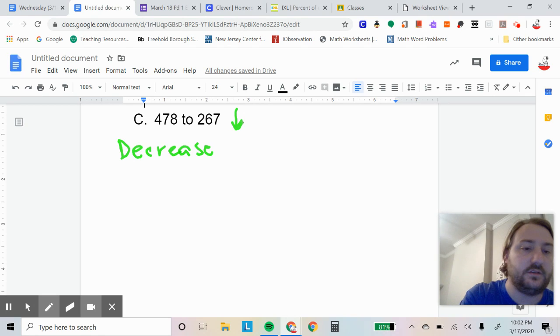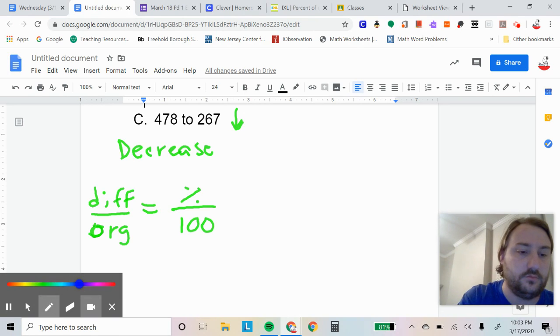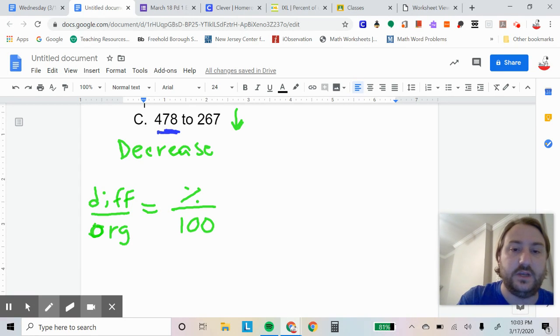Set up the proportion again. Original, and then difference. We do the original, what we started with, 478. And then the difference.